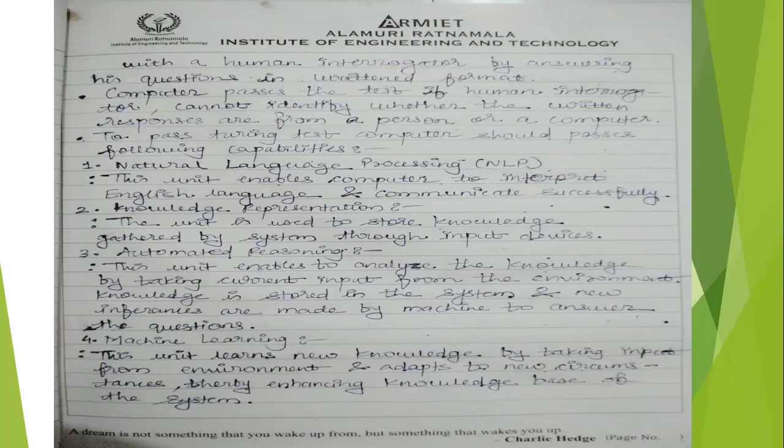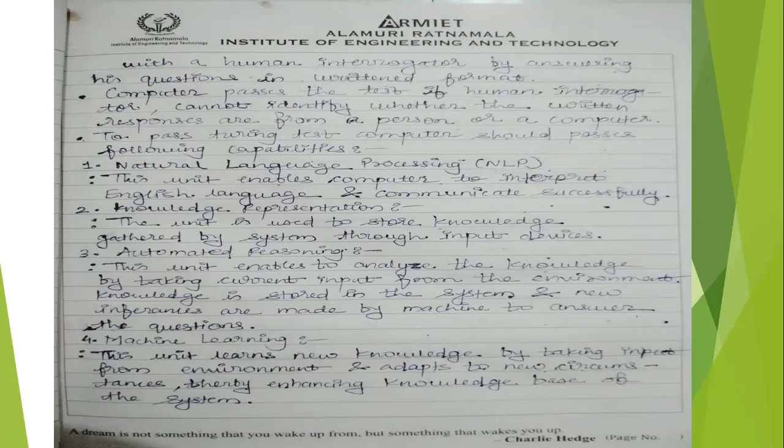Similarly, the computer should also interpret the English language because the human interrogator is conversing in English. So this natural language processing unit enables the computer to understand the English language, and hence it can communicate successfully with the human interrogator.